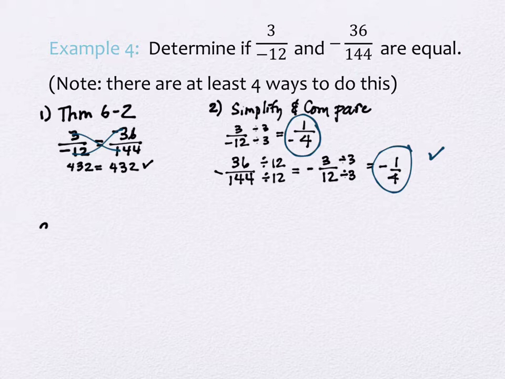Option number 3 is common denominators. The simplest common denominator to find, in the sense of you don't have to look hard, is to simply multiply the denominators by one another. So here's the 3 over negative 12, and the 36 over 144.